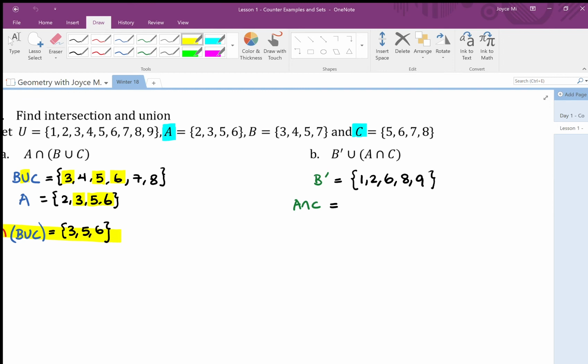They both have 5 and 6 in common, so A intersection C has 5 and 6 in it. Now let's look at the union of these two sets. So I have B prime, or B complement, union A intersection C. I am looking for the union of these two sets.